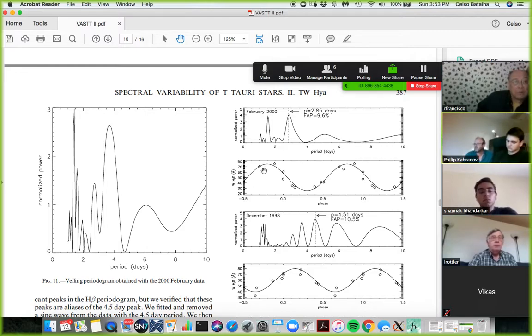No, the periodicity. She used a routine that uses a Scargle prescription, and what it basically does is take your data points and fold them at different frequencies and see which one gives the minimum difference.